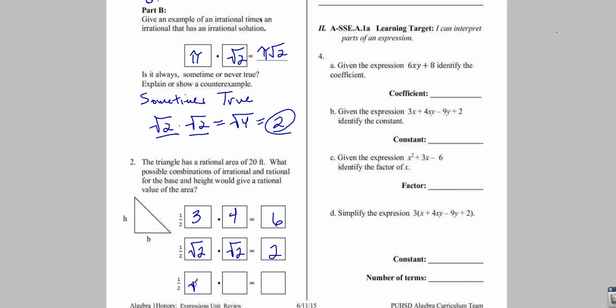I could have like the square root of 2 times the square root of 8. 2 times 8 is 16, which just gives me the square root of 16, which is 4, times 1/2, which still gives me 2. And actually, I messed up this top one. That one should be 1. But those would be combinations of rational and irrational numbers that give me rational values.